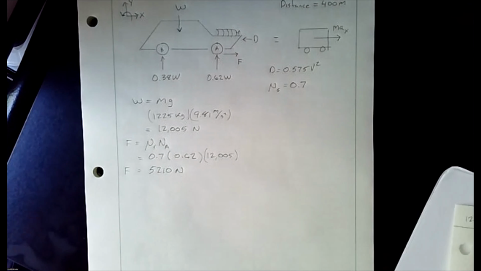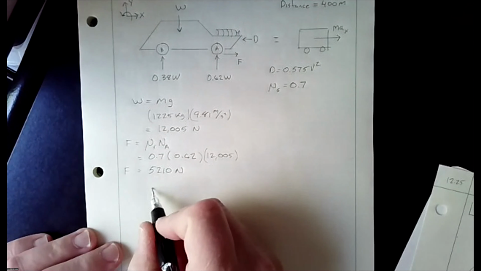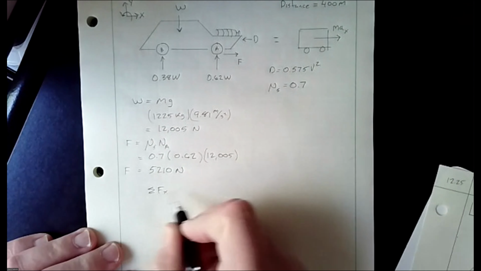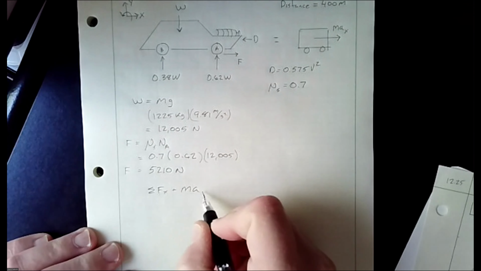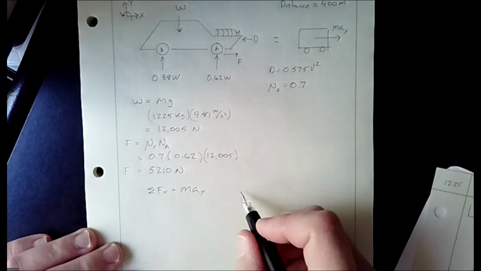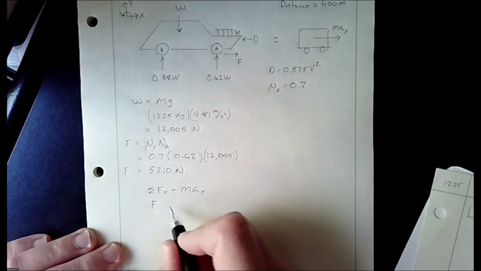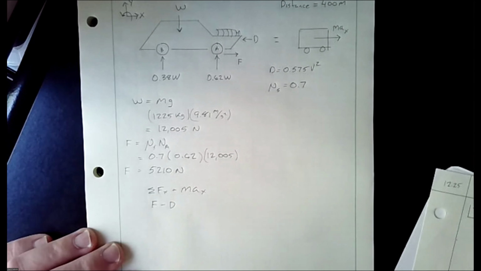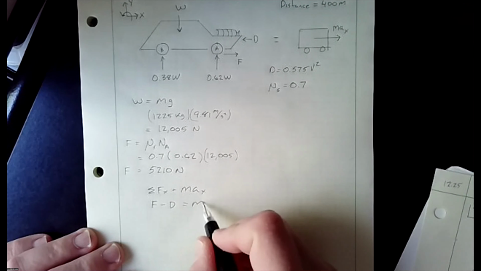All right. So now I just set up my equation. Sum of the forces in the x equals mass times acceleration in the x. So the sum of the forces is F minus D equals MAX.